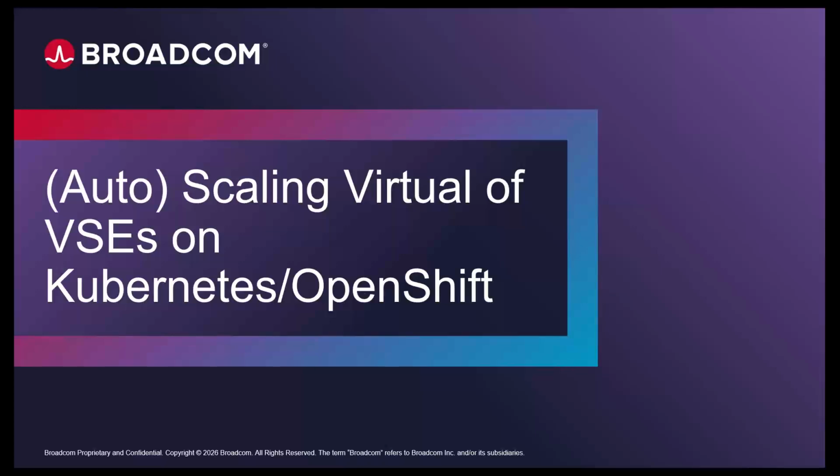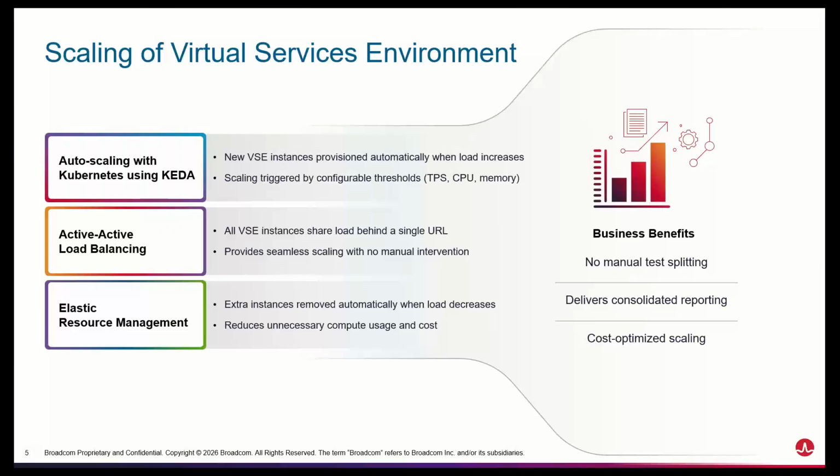But as I said, the main one and the marquee feature of this 10.9 release is the scaling of the virtual services, and we have auto scaling. The capability that we allow you is to handle the business needs: when I'm running performance tests, I don't always know what the capacity of my VSE is.